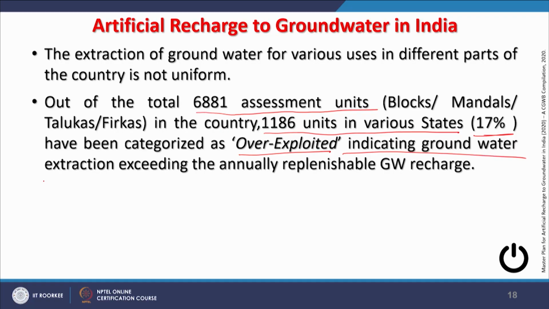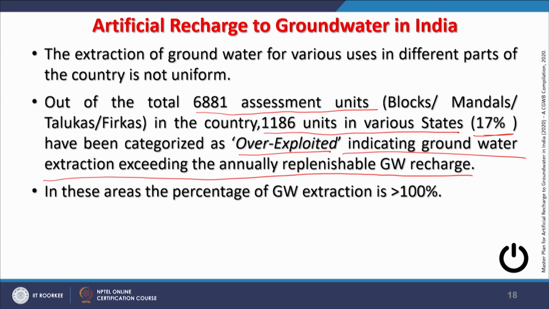indicating groundwater extraction exceeding the annually replenishable groundwater recharge. So, this is exceeding, and that is why, if I say in terms of budget, we are going into a deficit budget, and that is not good from a short term or long term point of view for a country. So, we should have, if not a surplus budget, at least a balanced budget, that whatever we are exploiting, we are replenishing through our artificial recharge.